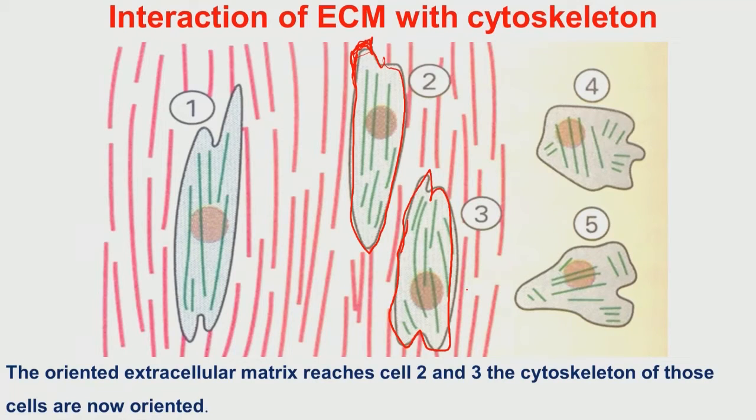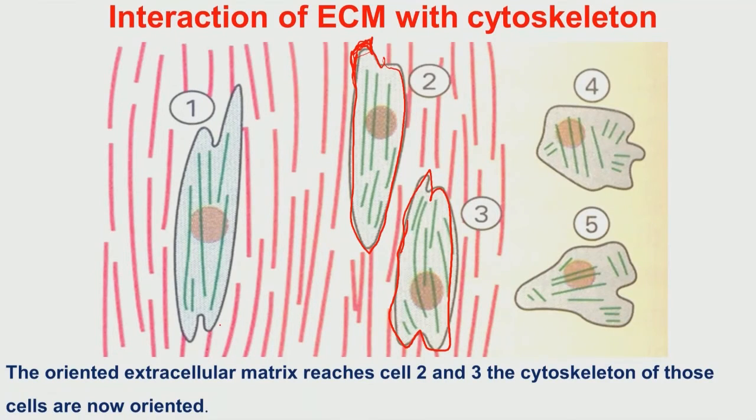This cytoskeleton reorganization helps the ECM to provide more mechanical or structural support to cell number 2 and cell number 3. However, the two other cells, cell number 4 and cell number 5, still have their cytoskeleton not oriented with respect to the extracellular matrix.